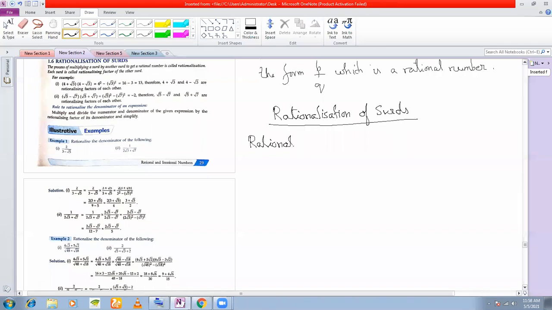Rationalizing factor of a surd. Now, what do you mean by the rationalizing factor of a surd?